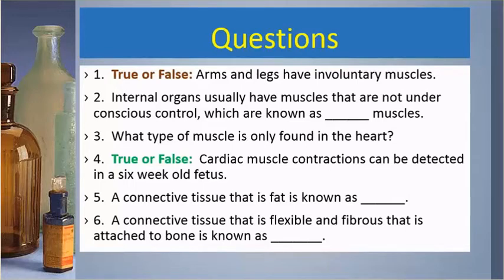Number 3, what type of muscle is only found in the heart? Number 4, true or false, cardiac muscle contractions can be detected in a 6-week-old fetus.